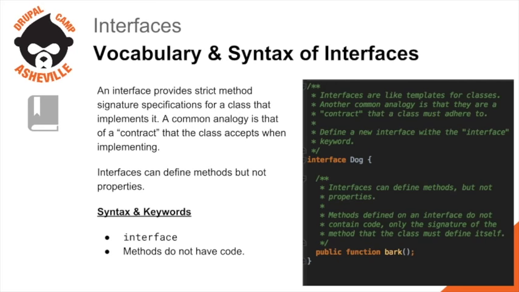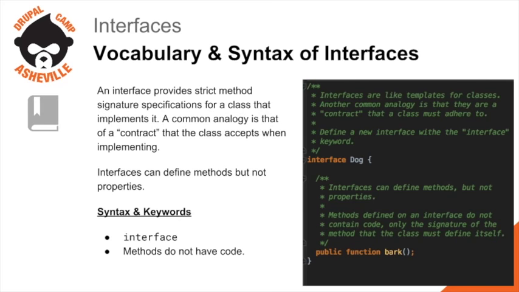A common analogy for an interface is that it is a contract that a class chooses to accept, which defines strictly what methods a class must have on it.